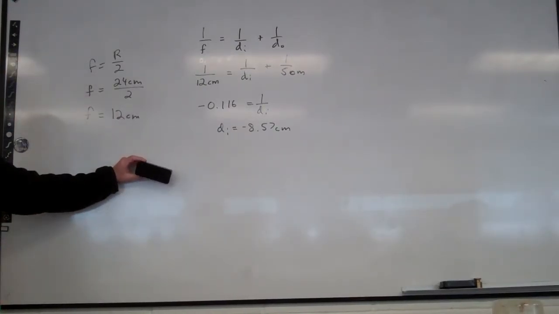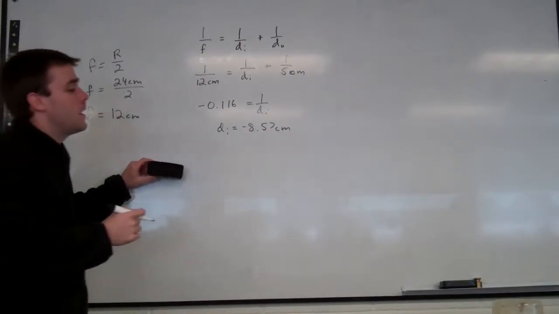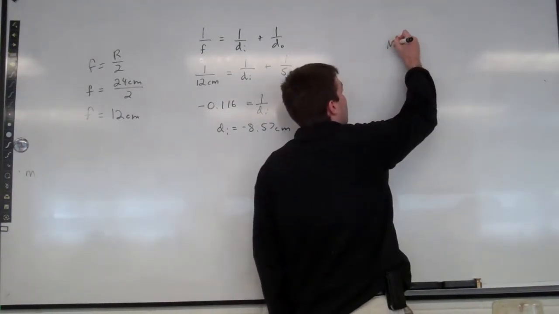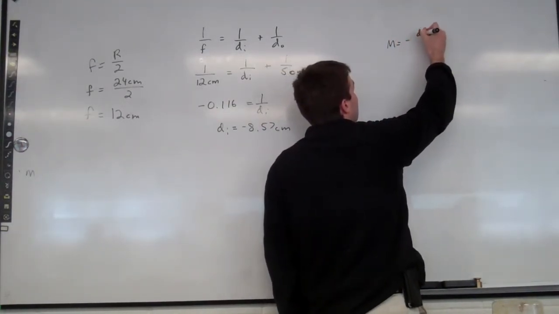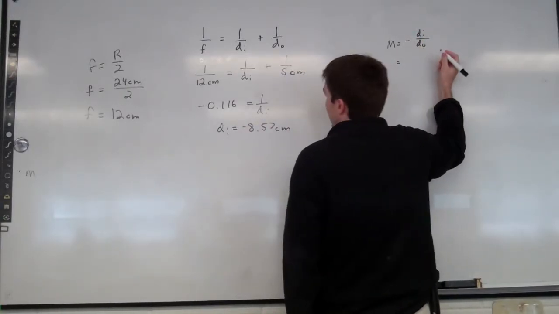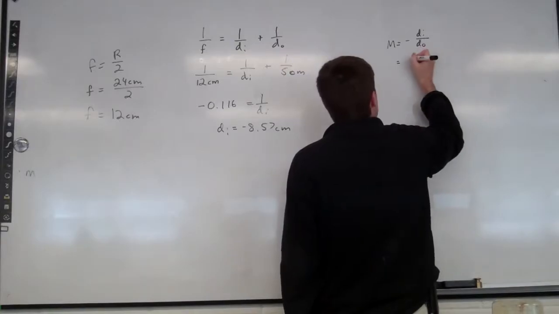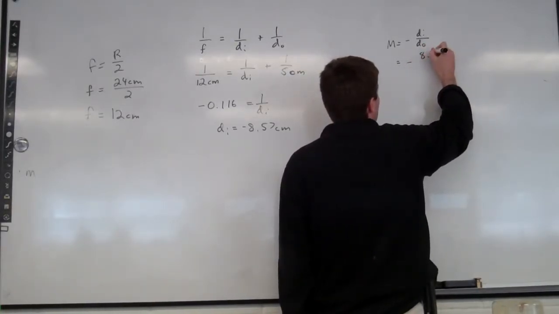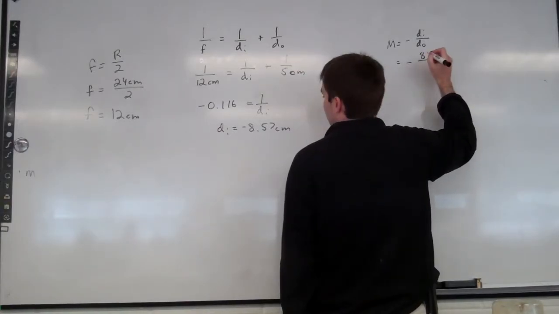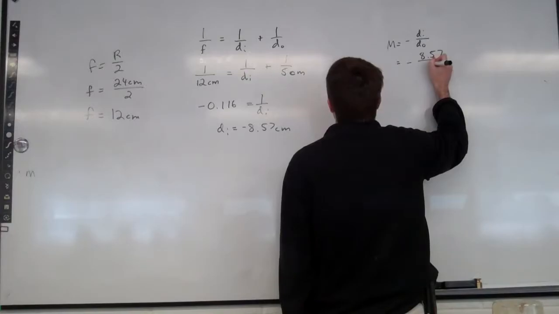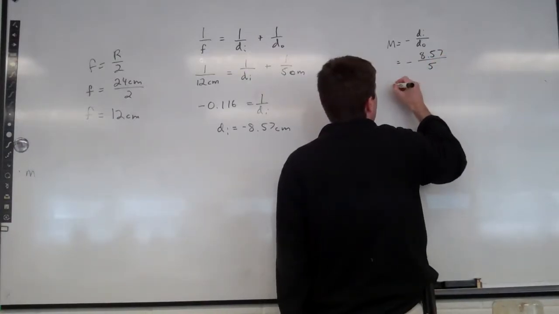What kind of image does that mean it is? Virtual, so that means it's behind the mirror. And now we're going to find the magnification. We do negative di over do. We get negative 8.57 divided by 5.